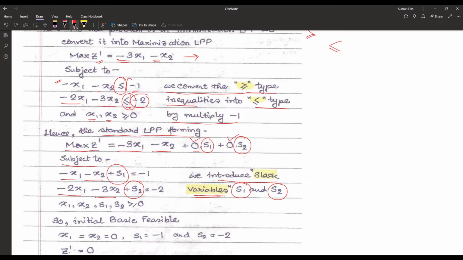So there are four variables, x1, x2, S1 and S2, all greater than equal to 0. That is our step 3.